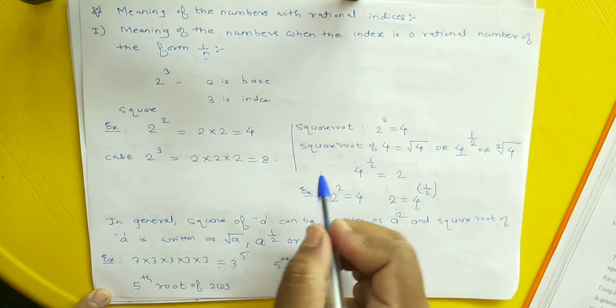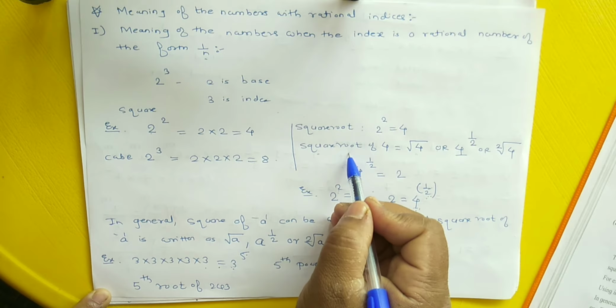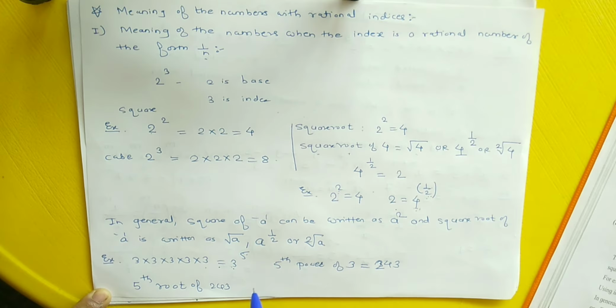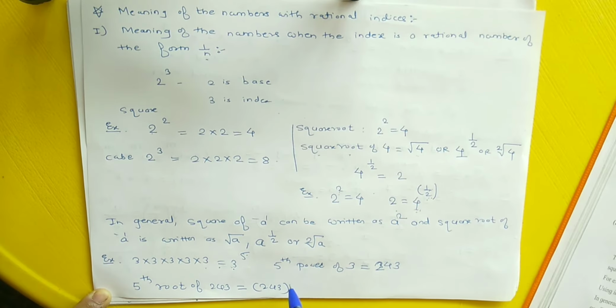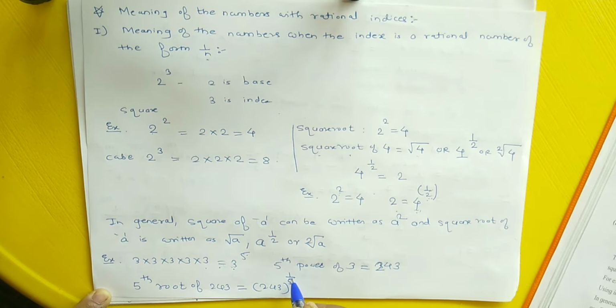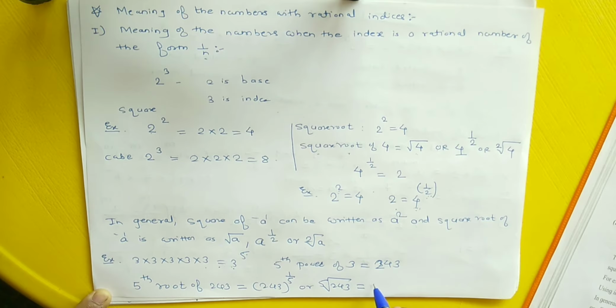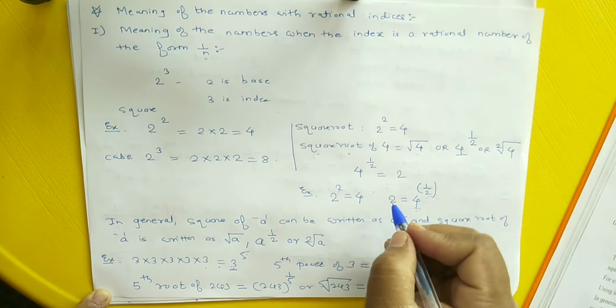Suppose I was considering the square root. Similarly, if I consider the 5th root of 243, it can be written as 243 to the power 1 upon 5, and its answer becomes 3.